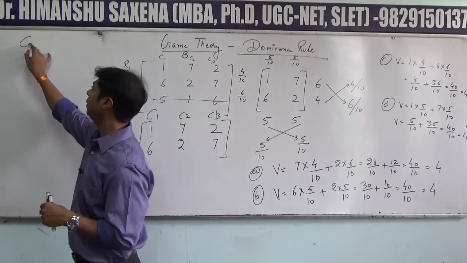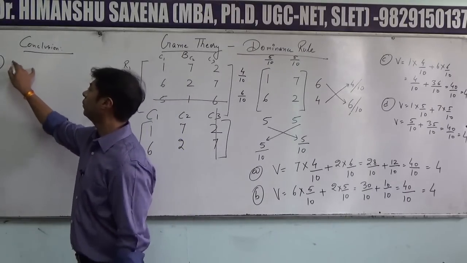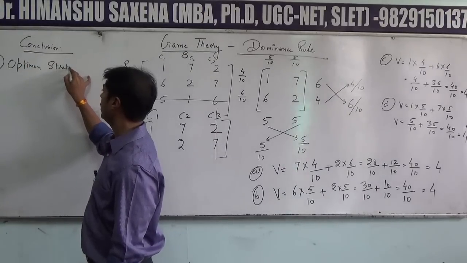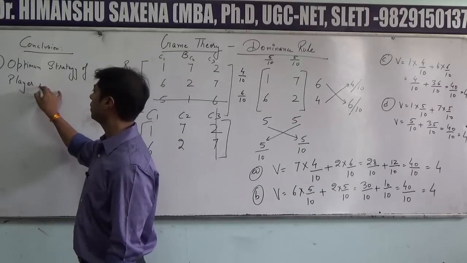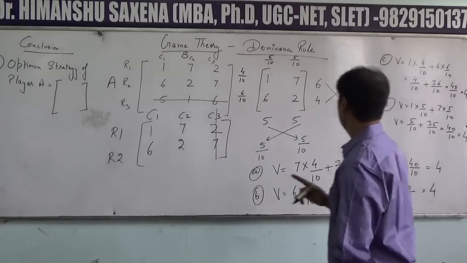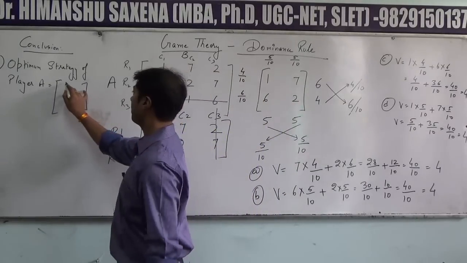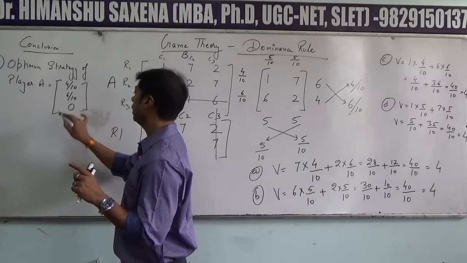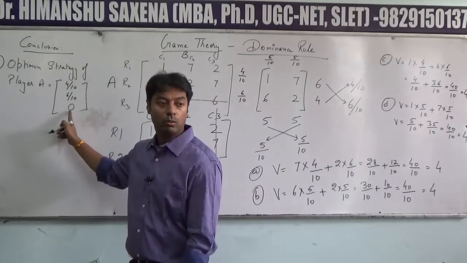Ultimately, the last part, that is the conclusion part. In the first place, we'll have to give the strategy. So optimum strategy of player A. See the fractions of player A, who is the row player, that is 4 by 10, 6 by 10, and since the third row is eliminated, the value of the third row will be equal to 0.